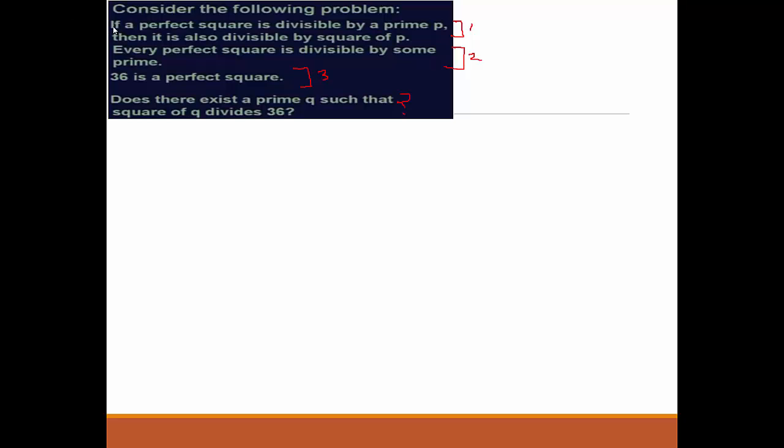Now, here what we observe is there are things like if and then, which means that there is going to be an implication. So this is the first thing that we infer from this. Second is that there is a perfect square. So x is a perfect square. Then the third thing that we see is divisible.